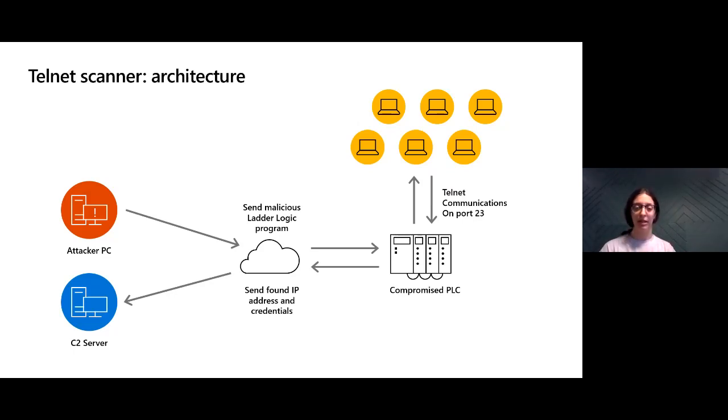Immediately after that, the PLC will begin the Telnet brute force procedure over the machines in the internal subnet to find valid Telnet credentials. If a login attempt succeeds, the PLC will send the found IP address and credentials back to the command and control server.